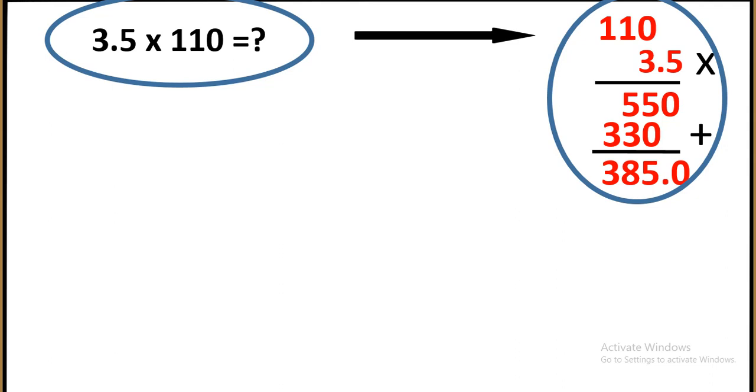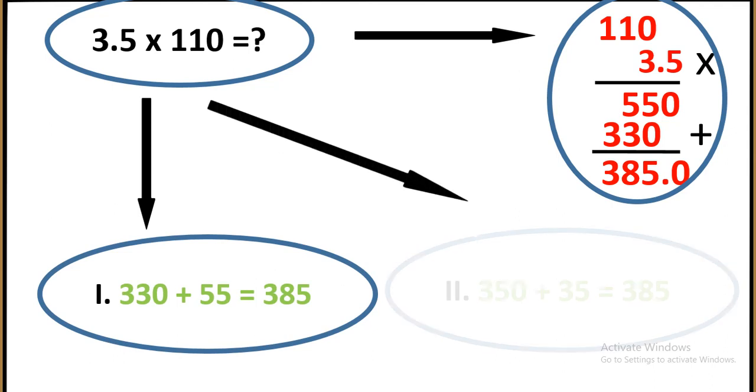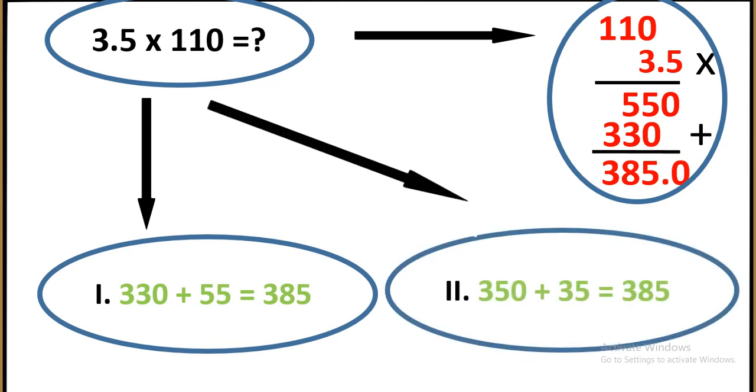And now, as we have said before, we change it into simple addition: 330 plus 55 and 350 plus 35. Both of these have the same result as the standard procedure, that is 385.